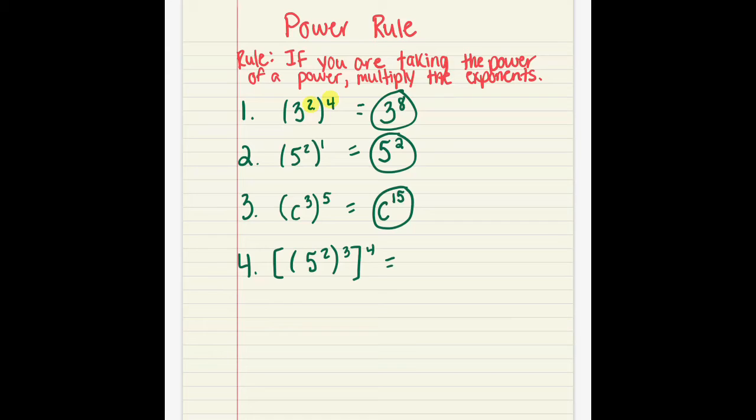So all you do is grab your calculator and multiply all 3 exponents by each other. So 2 times 3 times 4, which is 24. So your answer would be 5 to the 24th power.